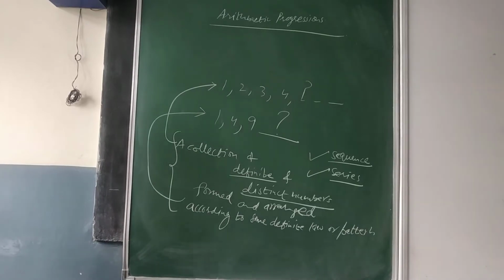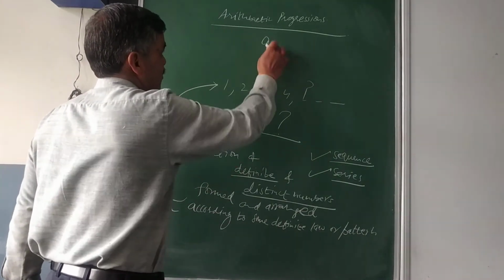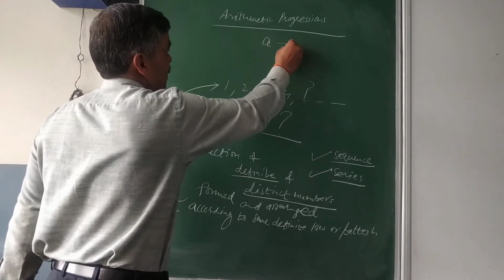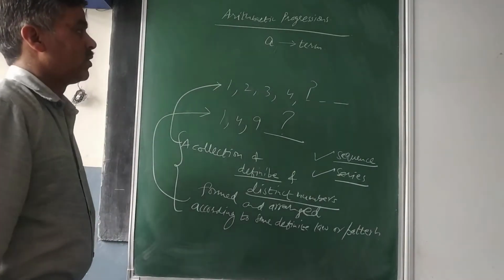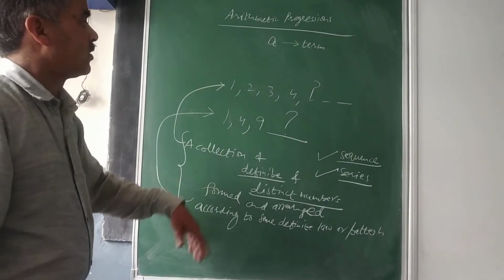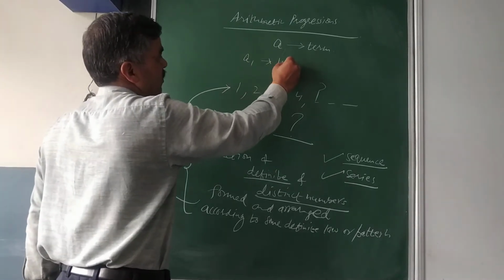Here we are using the letter A. A denotes the term. In NCERT, the first term is written as A1. A1 will denote the first term.